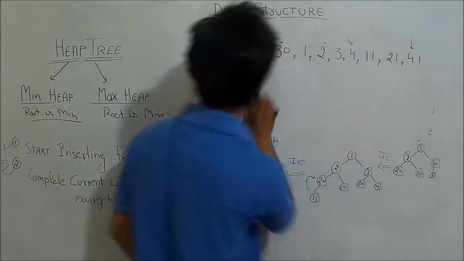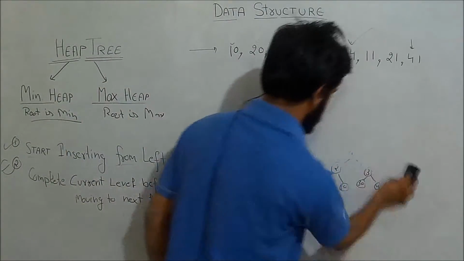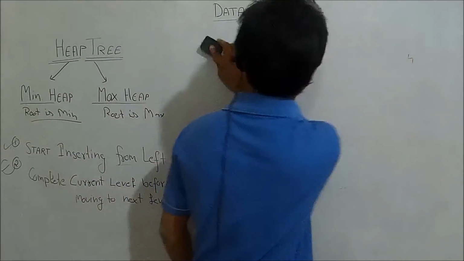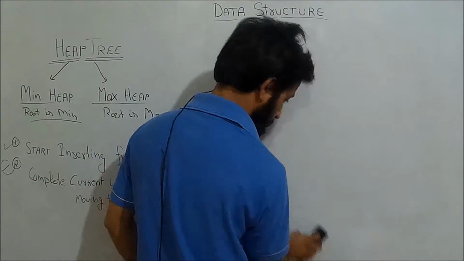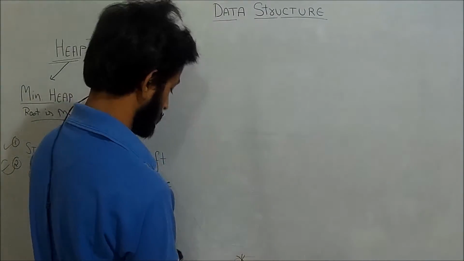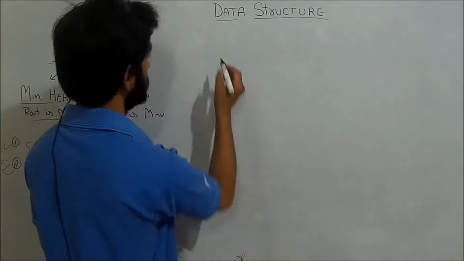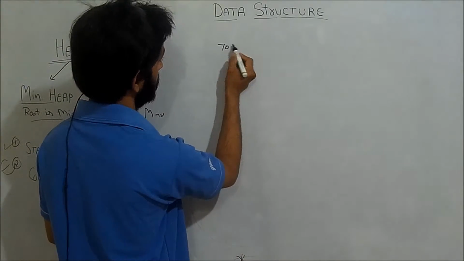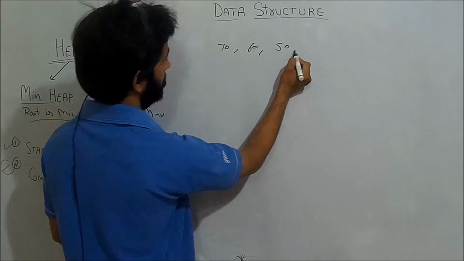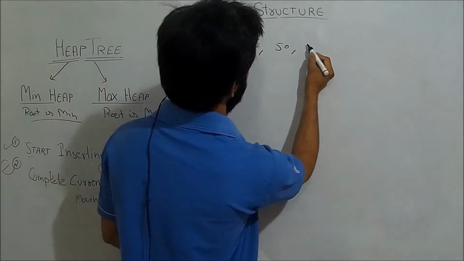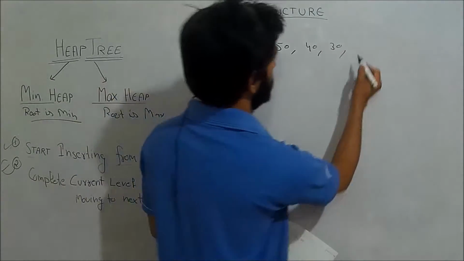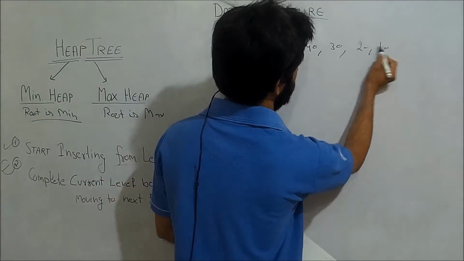Let us compute a min heap tree with one more example, and for that the elements are 70, 60, 50, 40, 30, 20 and 10.